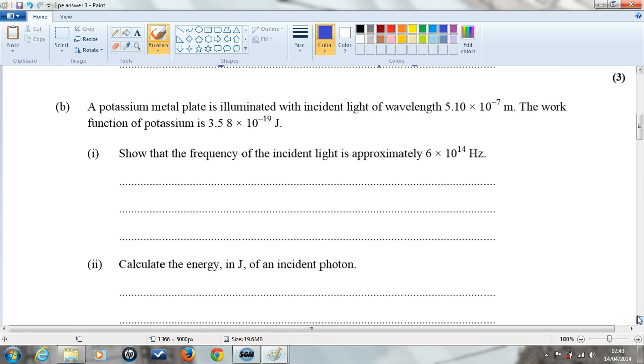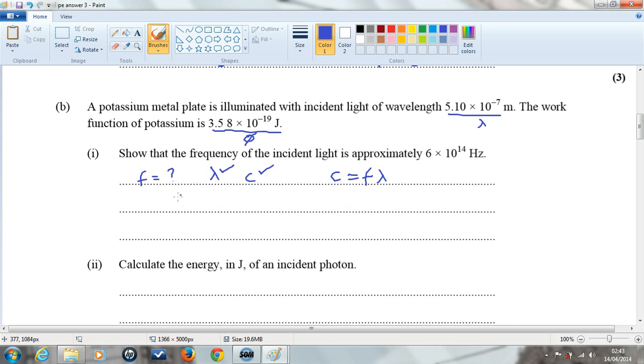The next thing is saying that a potassium metal plate is illuminated, and we have a wavelength of our light, and we have our work function. So show that the frequency of the light is approximately 6 times 10 to the 14 Hertz. Well, we want to know what the frequency is in order to prove that. We have a wavelength, and we know that the speed of light is 3 times 10 to the 8. The easiest way to do this is just to use the wave equation c equals f lambda.